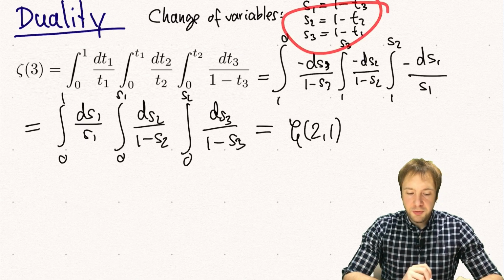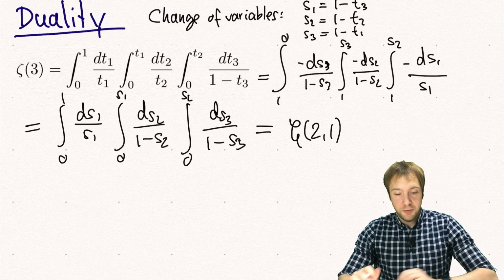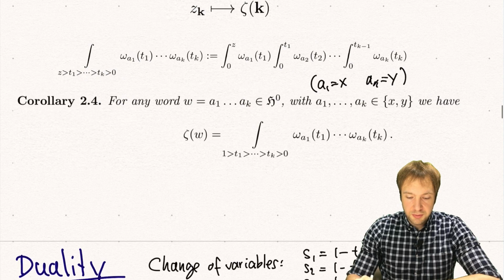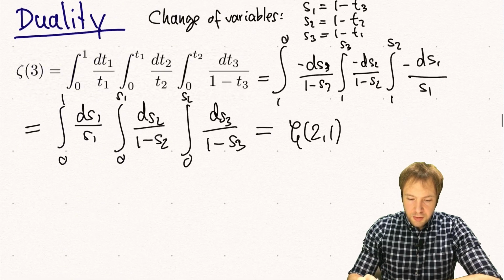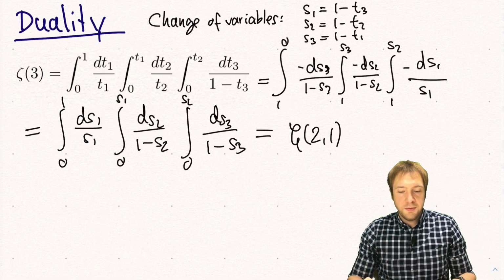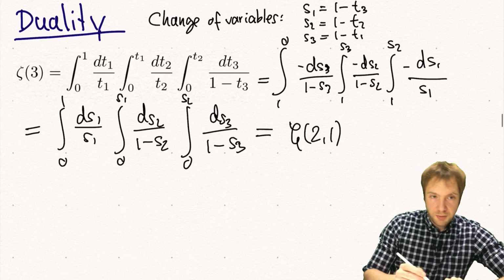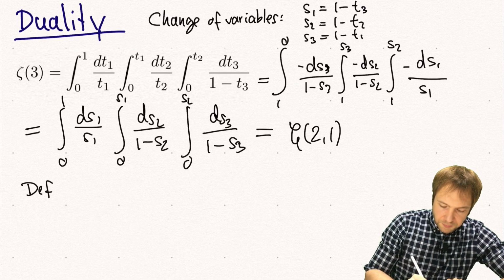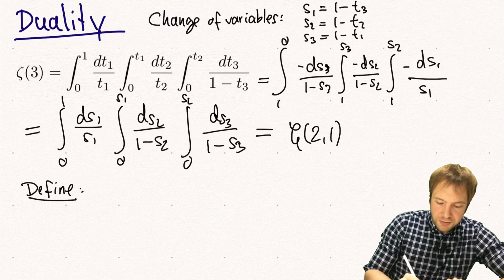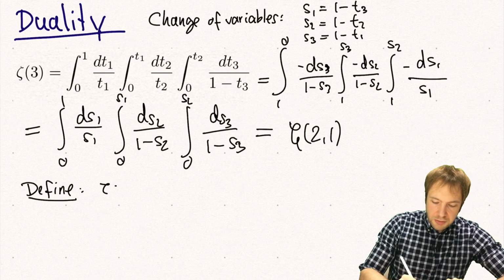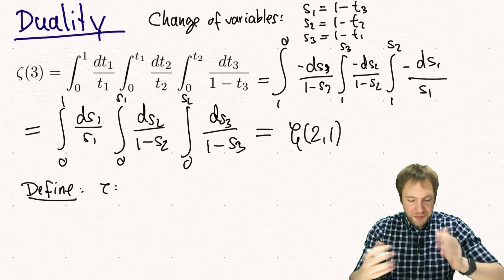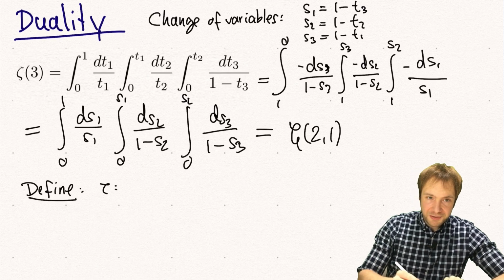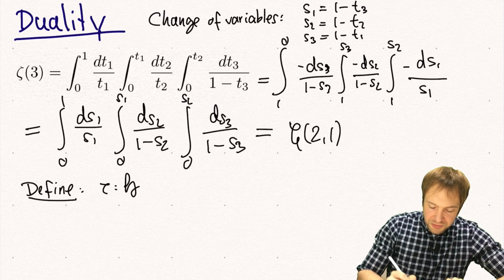And this change of variables we now want to define on our space H0 here. So what we want to define is a map on H0, which is usually denoted by tau, where this tau is now a map and not an element in the upper half plane, but I want to stick to the usual notation.